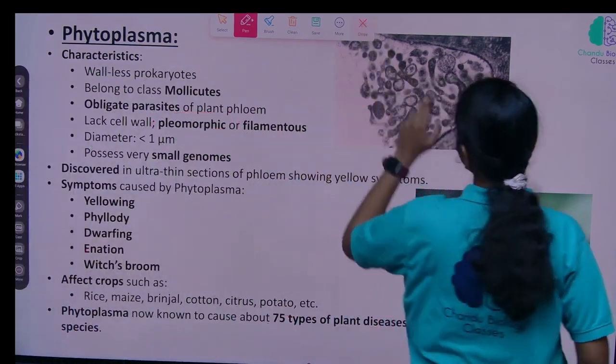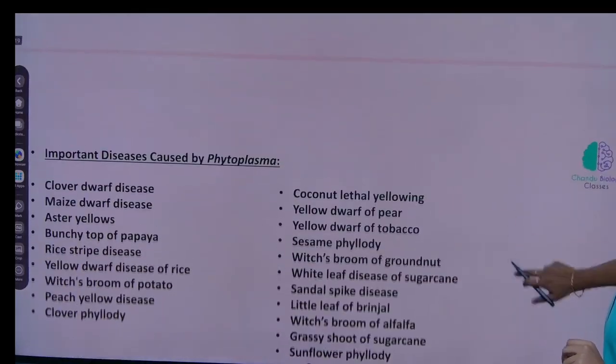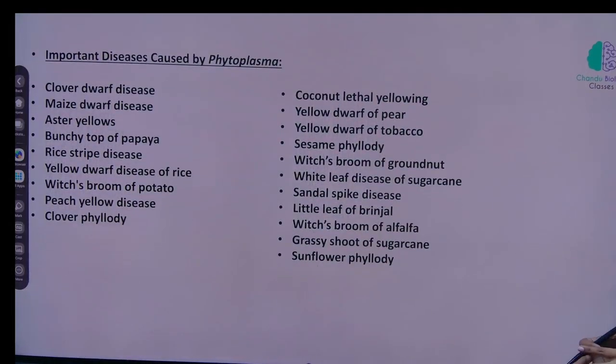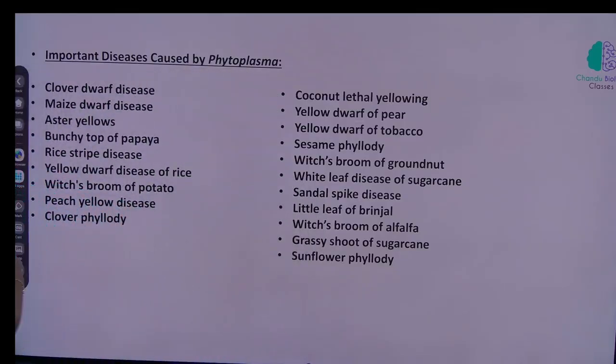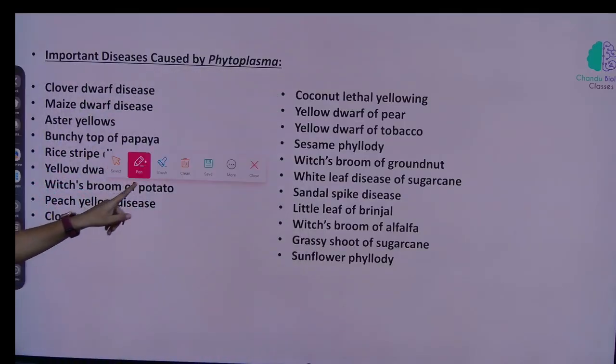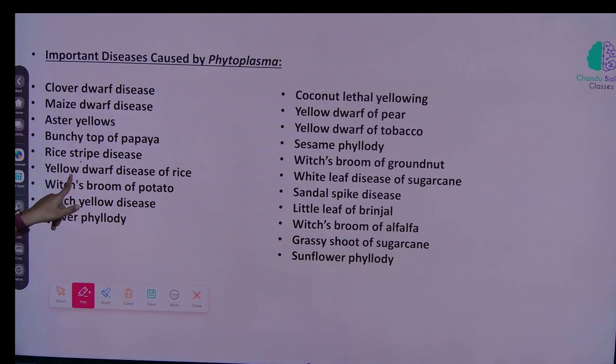Clear? Important diseases by phytoplasma. We have clover dwarf disease, maize dwarf disease, aster yellows, bunchy top of papaya, rice stripe, yellow dwarf disease, witch's broom, peach yellows, clover phylloidy.